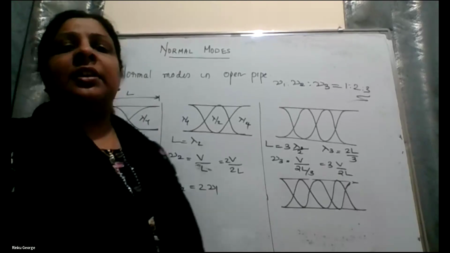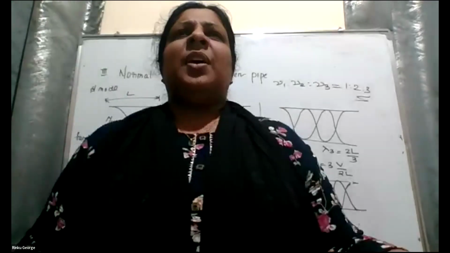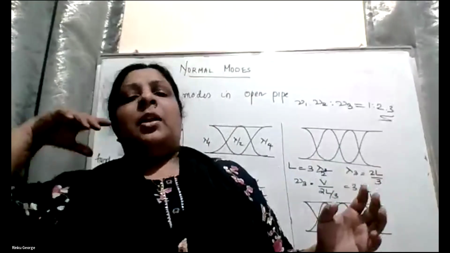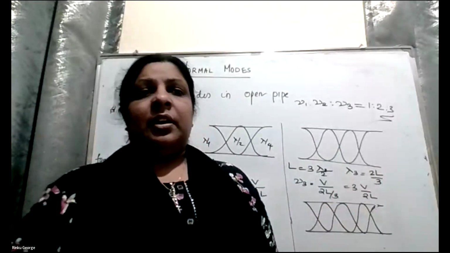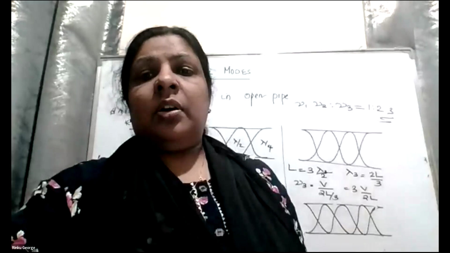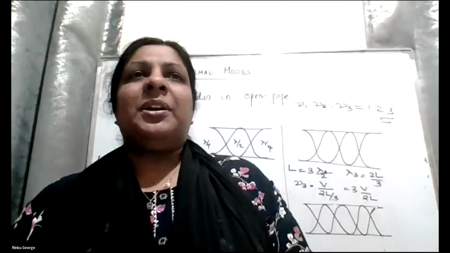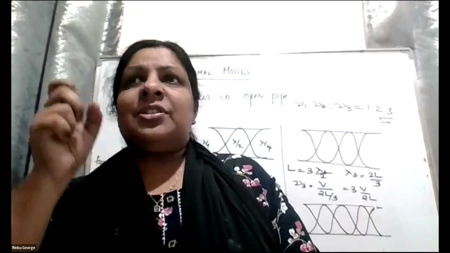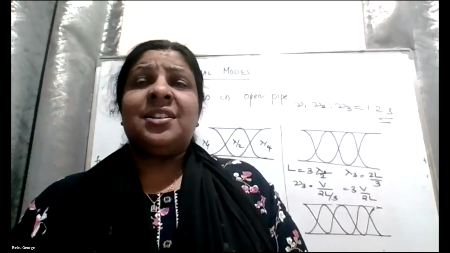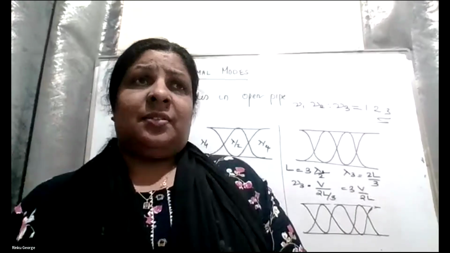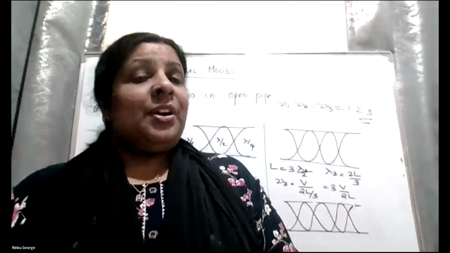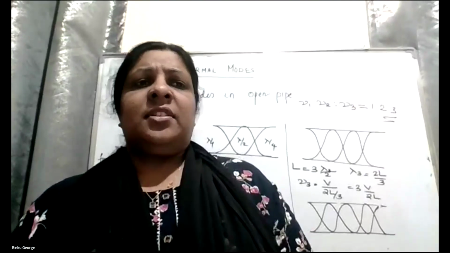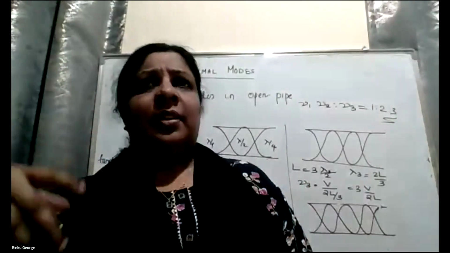Clear? Now there is one more topic in this chapter that I'm not taking now. I'll teach you after the school teacher teaches you. The topic is beats. In some schools they will just give the definition and equation. If the derivation is taken, it is a 2-page derivation. So we will wait.